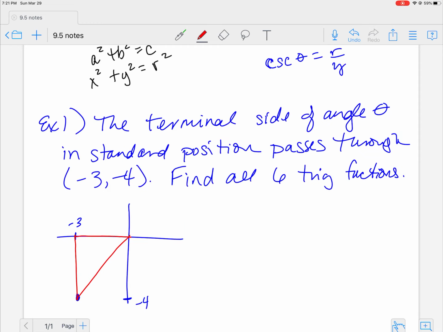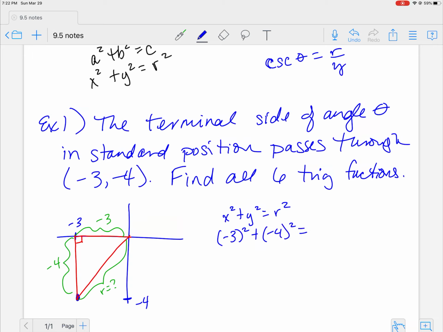I now have my triangle. My value on this side is represented by -3, and my value over here is represented by -4. But my question is, what's the hypotenuse? Well, how do I figure that out? Pythagorean theorem. You got this.